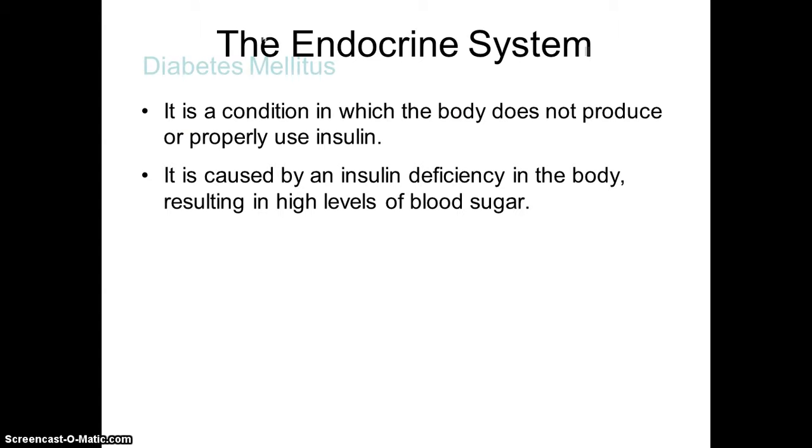We have looked into this disease, diabetes mellitus. It is a condition in which the body does not produce or properly use insulin, which causes an insulin deficiency in the body, and hence the glucose cannot be converted into glycogen, causing a higher level of blood sugar in the body.